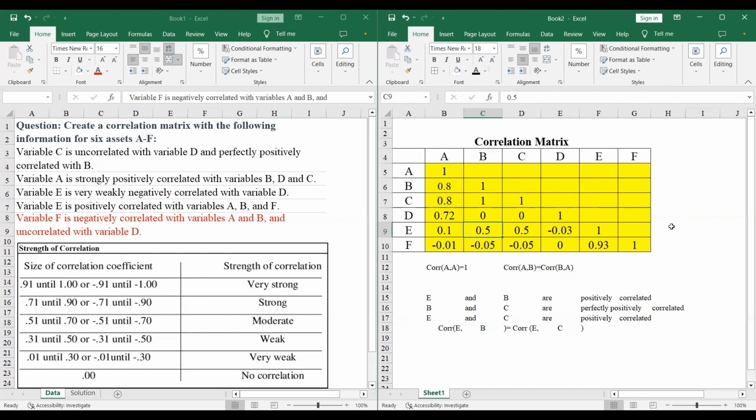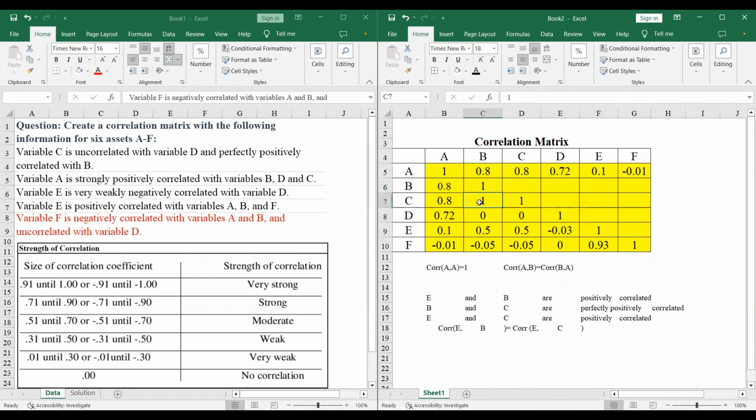To make it into a tabular one, we'll just have to ensure that whatever is happening for B and A should be the same for A and B. So now 0.8 over here between A and B should be 0.8 over here for B and A. 0.8 of AC should be 0.8 over CA. 0.72 in AD should be 0.72 in DA. 0.1 in AE should be 0.1 in EA. Minus 0.1 in AF should be minus 0.1 in FA. Going about it in similar way, we can fill the entire table.